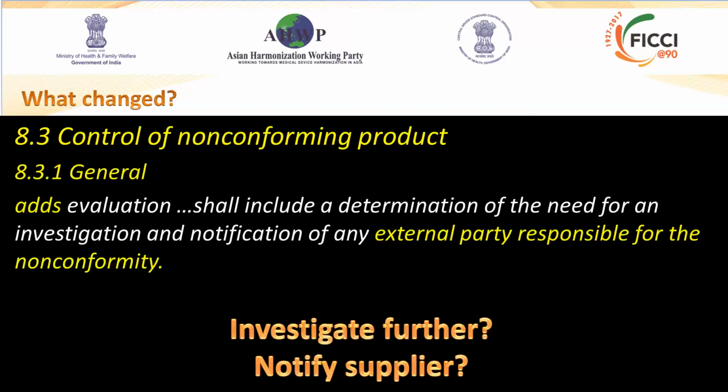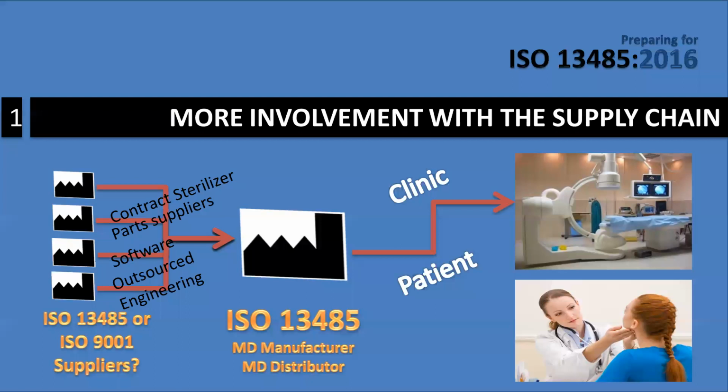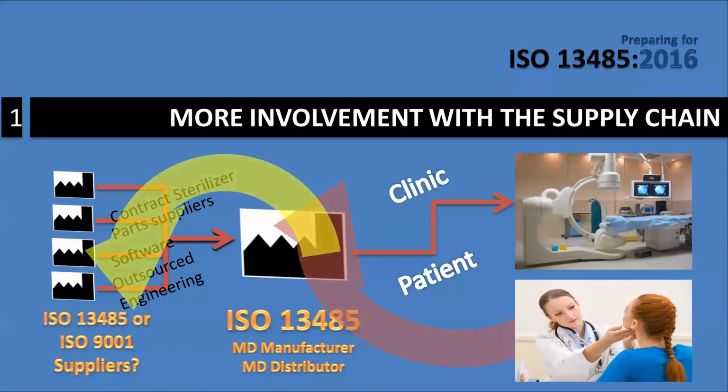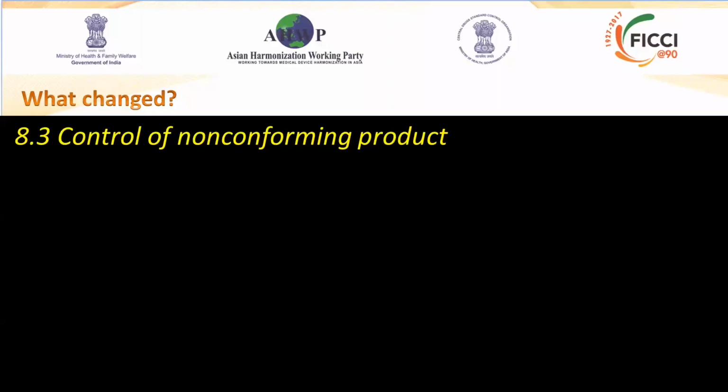So really, do we need to investigate further and notify the supplier? Those are considerations for the new requirements and procedure. So again, more chasing down those requirements back to the supply chain from things that we get from the field when we find nonconformities.